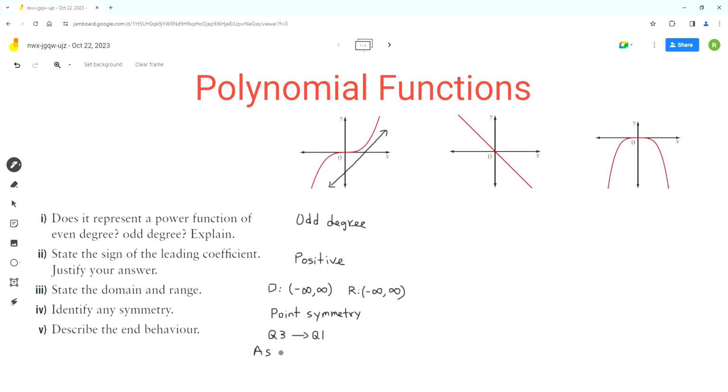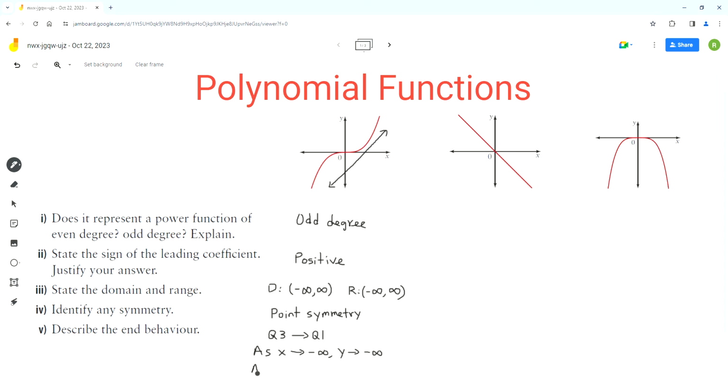As x approaches negative infinity, y approaches negative infinity. Because as we go on the left side, the graph keeps going down, so it approaches negative infinity.